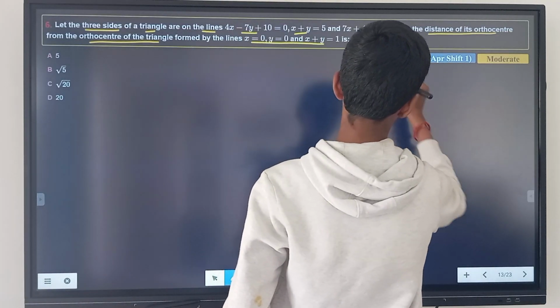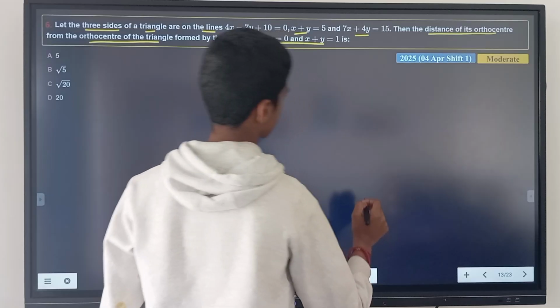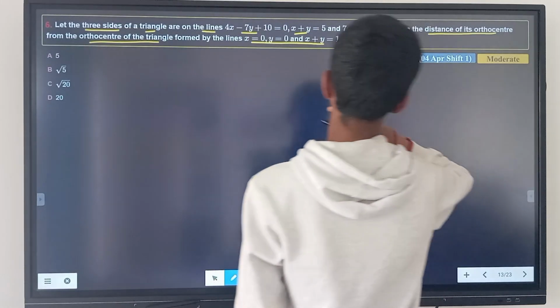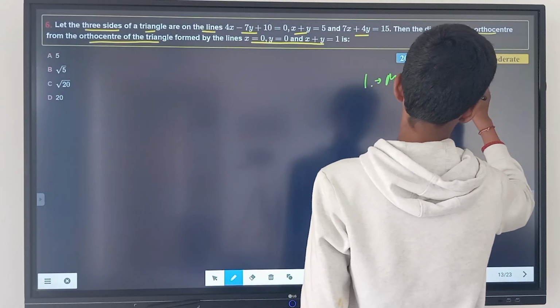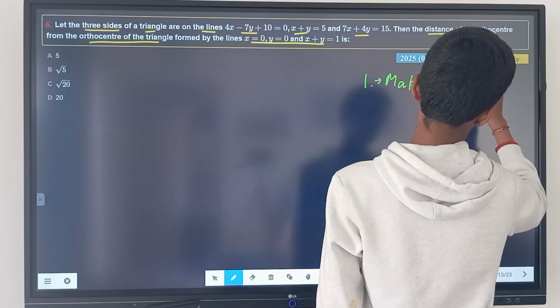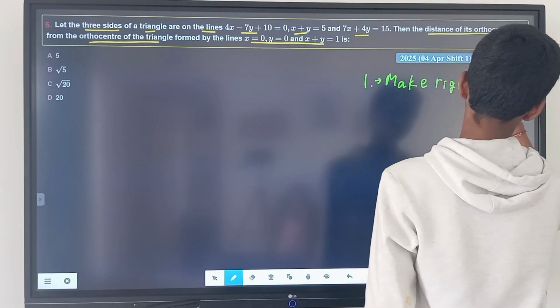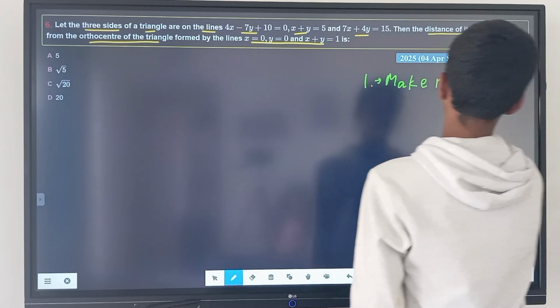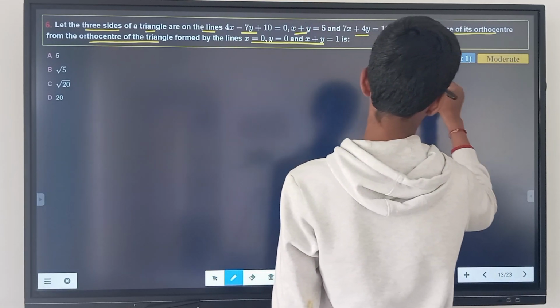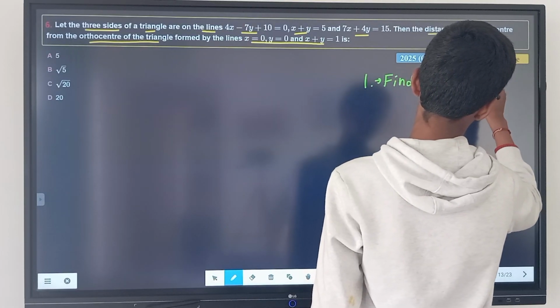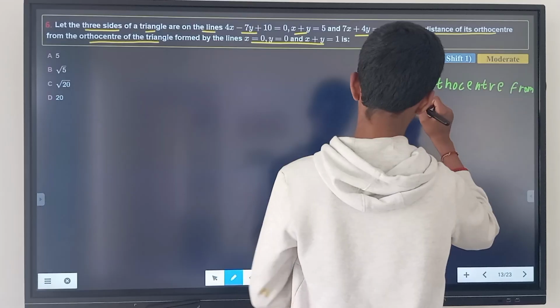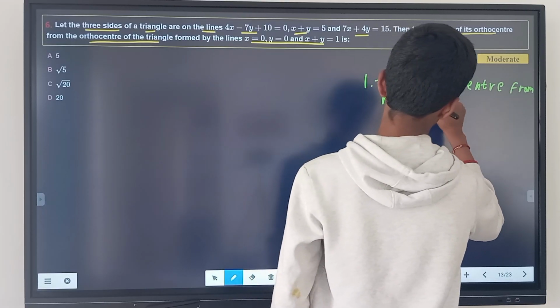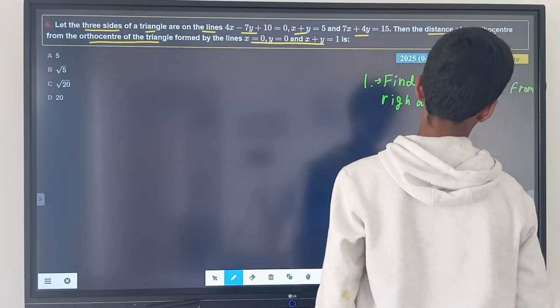So in this question, first step will be find orthocenter from right angle triangle.